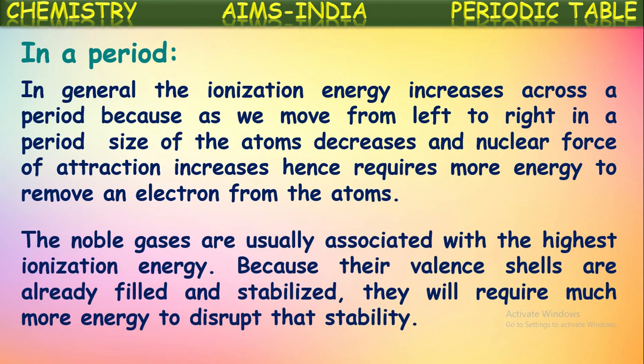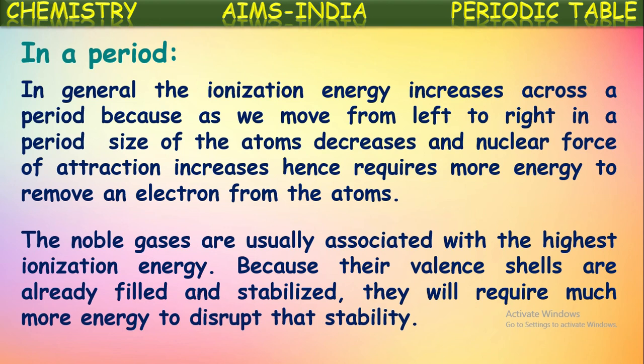Next, the noble gases are usually associated with the highest ionization energy. We are telling that from left to right, size decreases, hence ionization energy increases. So the last column elements, in any period the last element will be a noble gas. For these noble gases, there exist the highest ionization energies in all the periods.